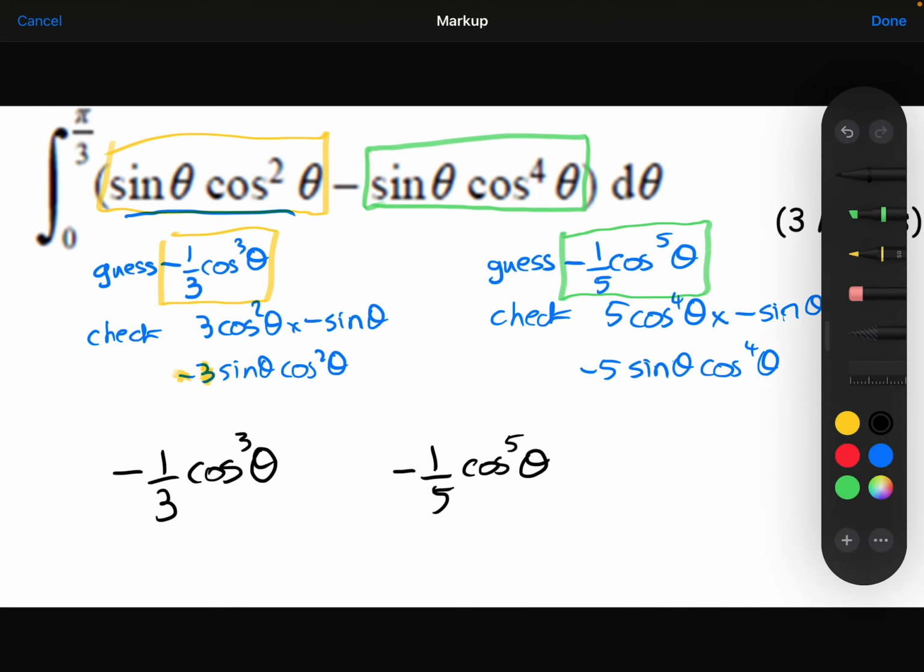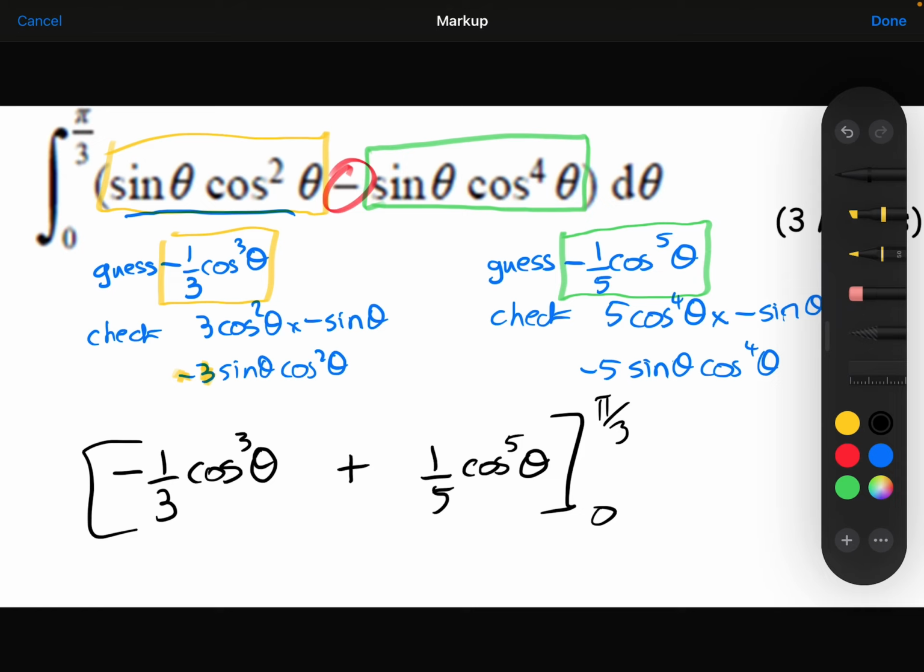And then not forgetting that we had this minus in the middle, which is actually going to take these two and turn it into a positive. And there we go. In this case here, I would carry on this question, putting the limits in.